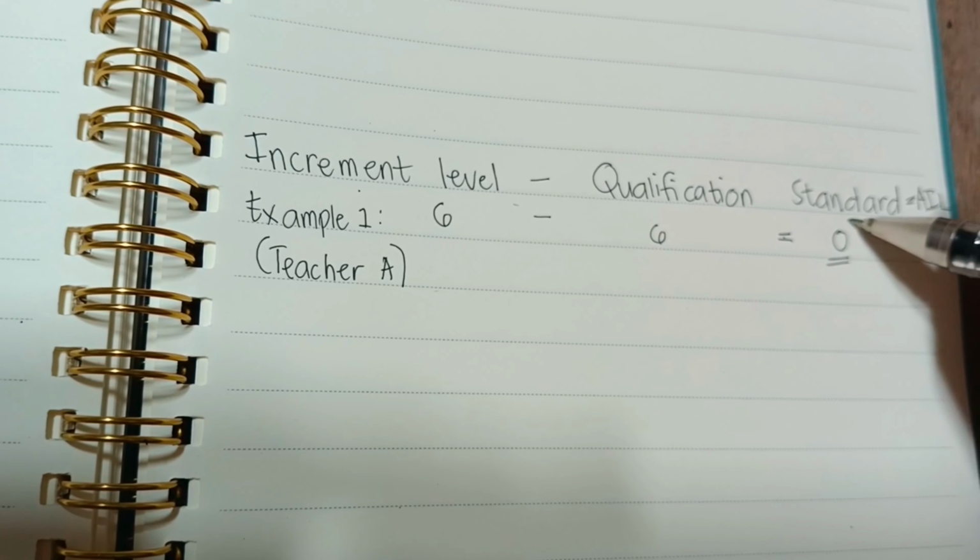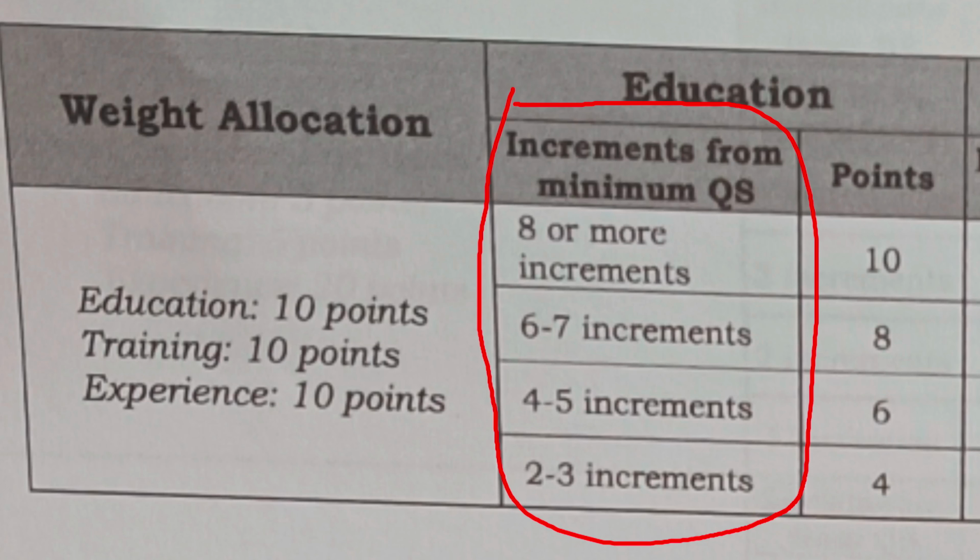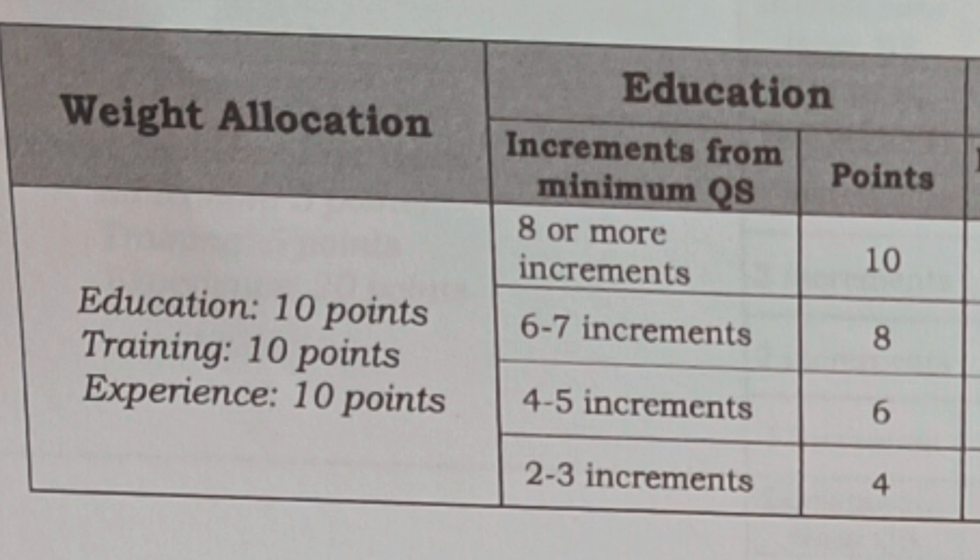So take note of this. Now, refer to the increments from minimum qualification standard. Do you see 0? Of course, there's none. Therefore, once you're only a graduate of bachelor's degree, automatically you'll get a total of 0 points.